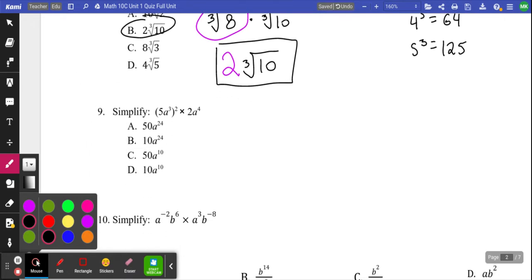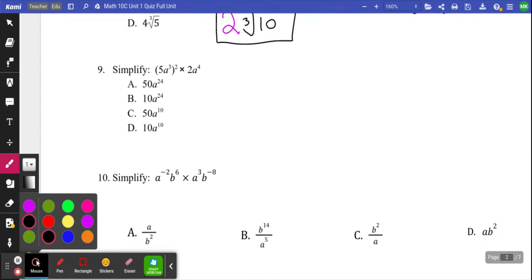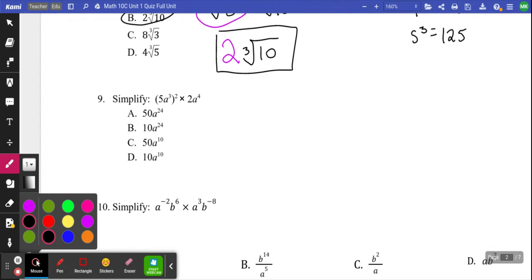Number 9. Simplify. Okay, we're going to do our exponent rules. You have to do the exponent rules in the right order. So we have to deal with those brackets first. So this squared comes in and it multiplies to the exponents of those two things. So it's not 5 times 2, it's 5 to the power of 2. And then this is a to the power of 3 times 2, which is 6.